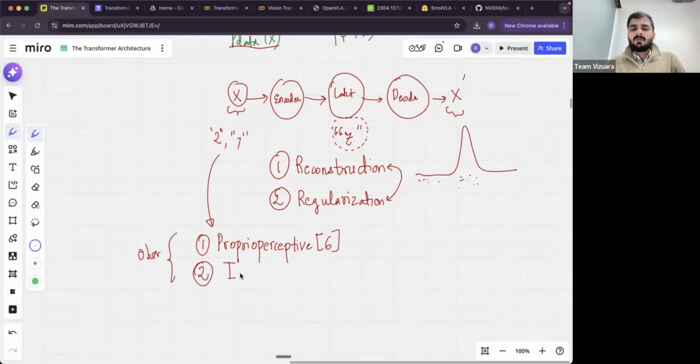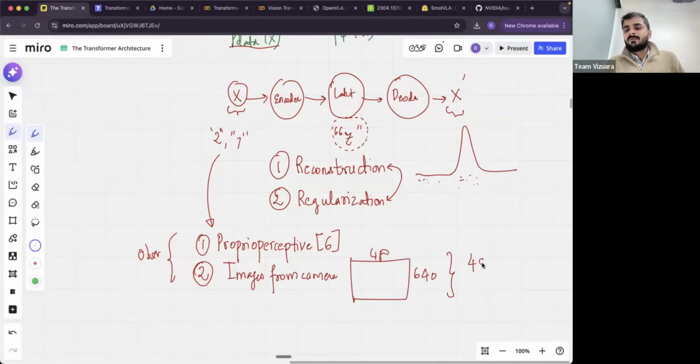Next, we have the images from the camera. And if we consider images of size 480 by 640, and we have 3 dimensions, RGB, then the number of pixels is going to be 480 into 640, which are the number of pixels in this rectangle, into 3, which are the number of channels.